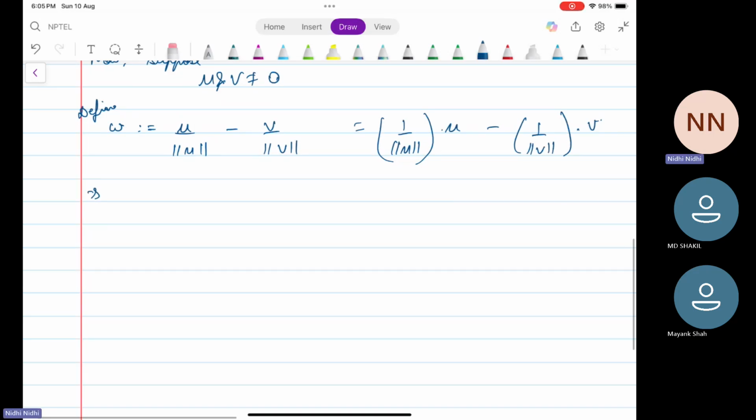So from here we get, by the first property, 0 is less than or equal to the inner product of w, w.